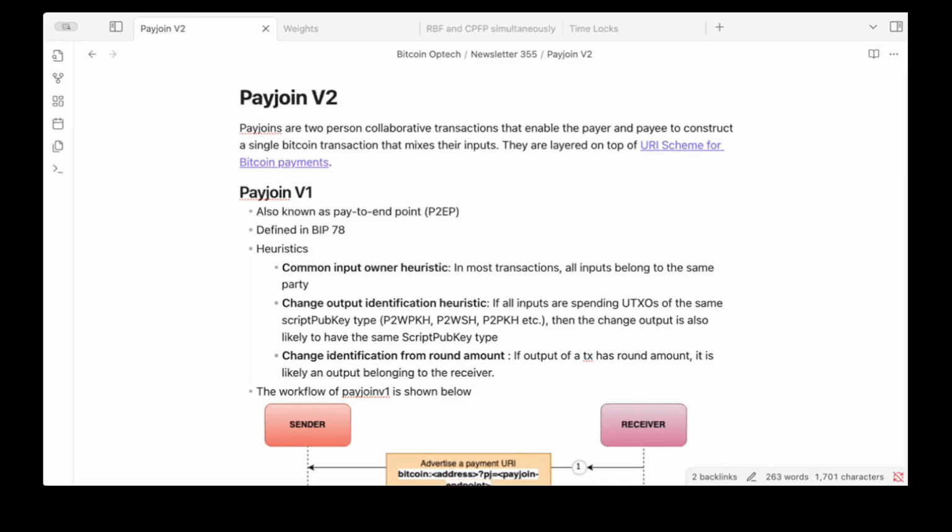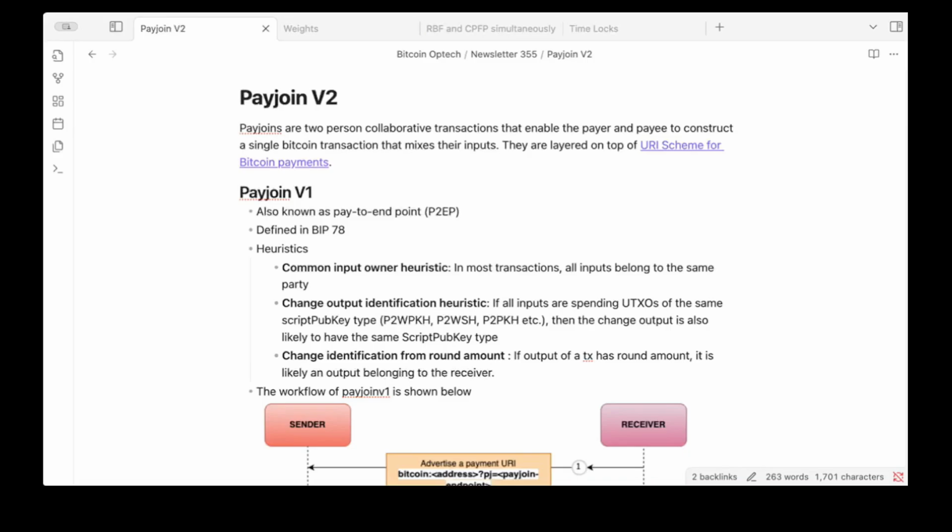So if all inputs are spending UTXOs from the same type of script pub key, then we can reasonably come to the conclusion that the change is also likely to have the same script pub key type. So this is called the change output identification heuristic.